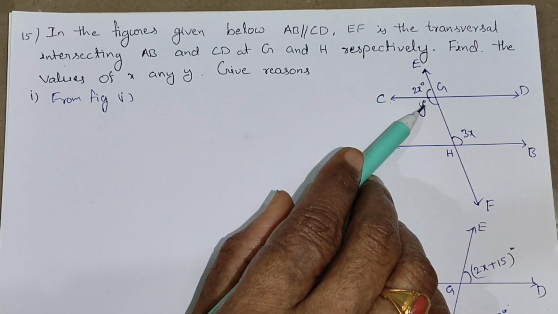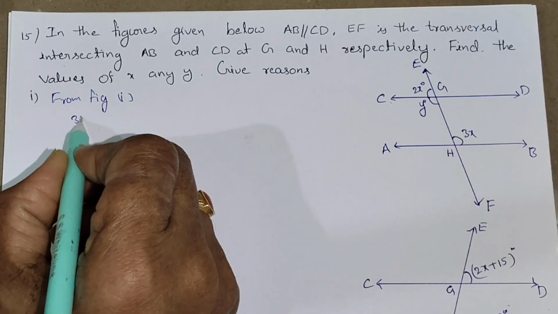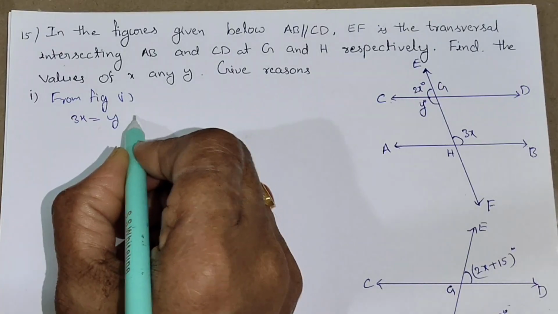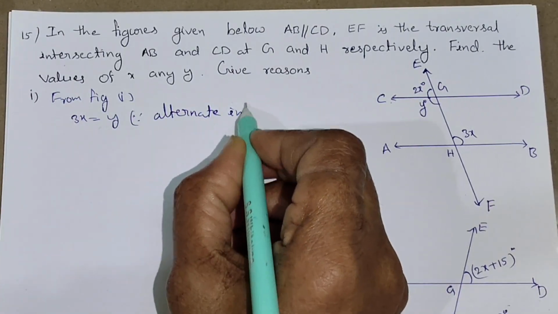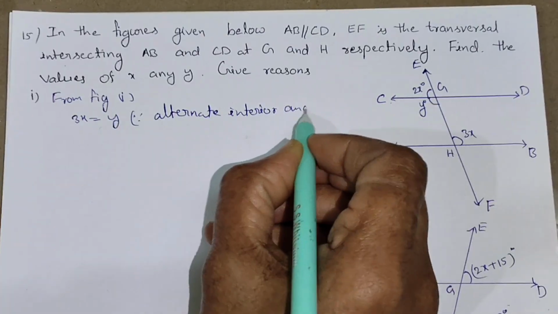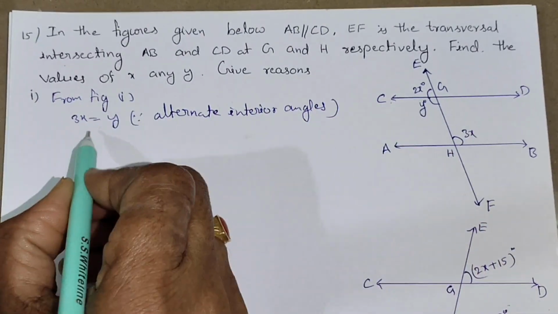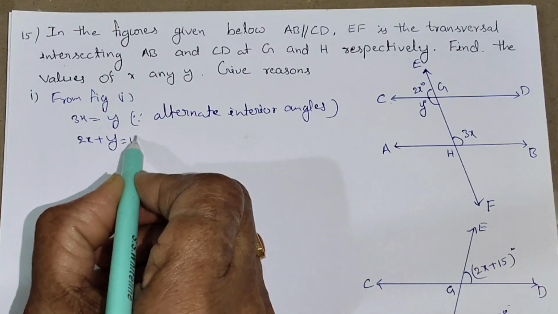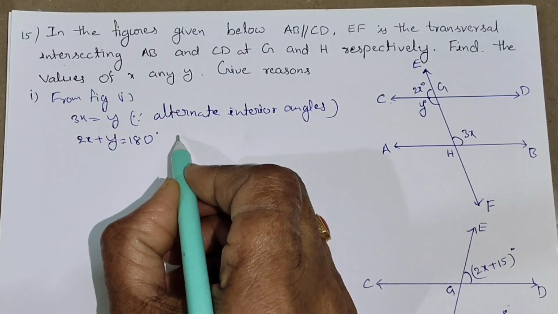Next, 2x plus y equal to 180, because this is a straight line. So this is the linear pair.